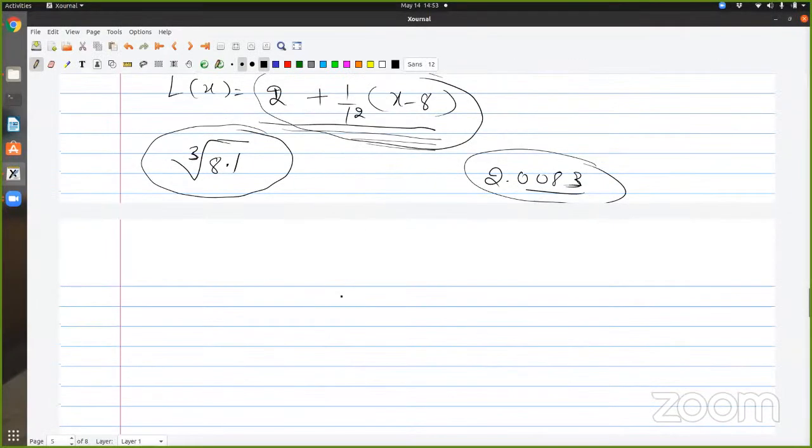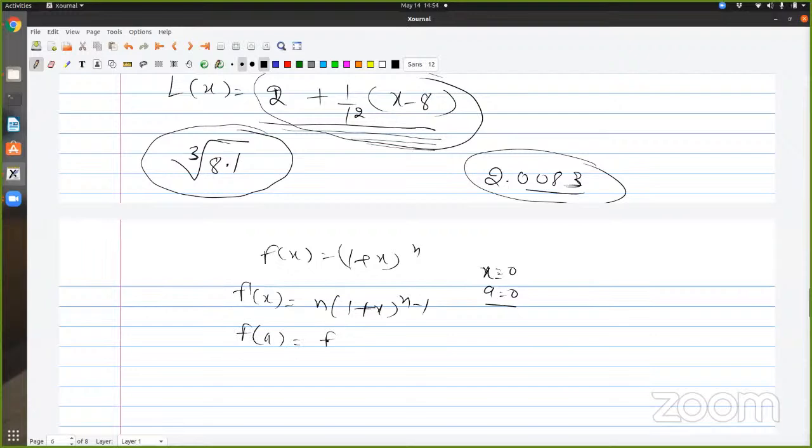Okay, let's quickly see the linear approximation of (1 plus x) to the power n. f(x) is equal to (1 plus x) to the power n, and a is given to be 0. f dash x is equal to n into (1 plus x) to the power n minus 1. f of a, which is f of 0, will be 1. f dash a is n times (1 plus 0) to the power n minus 1.